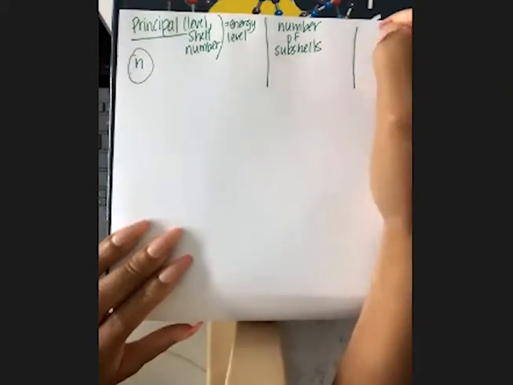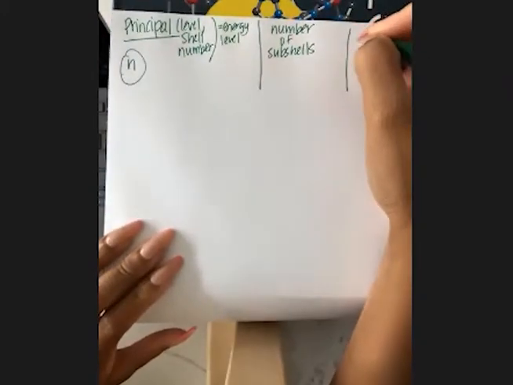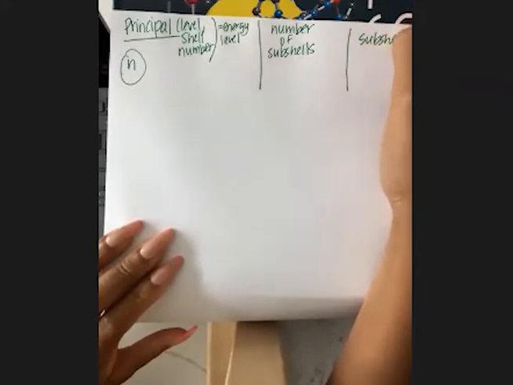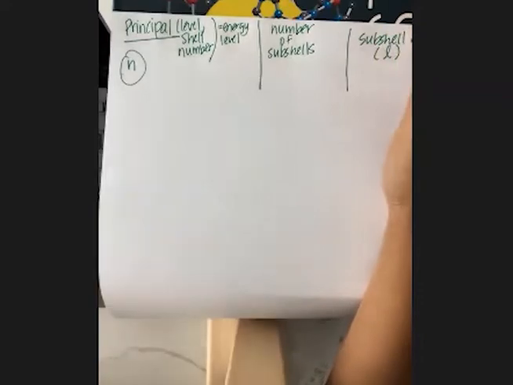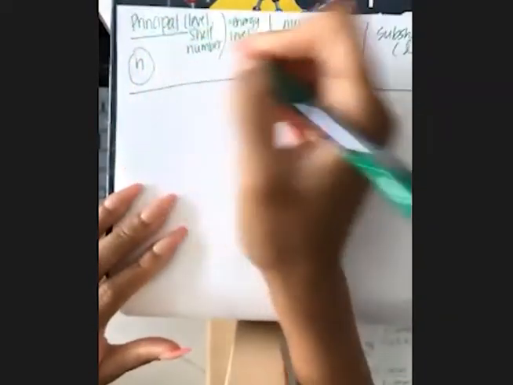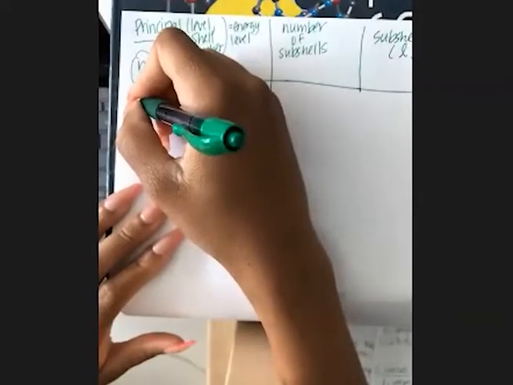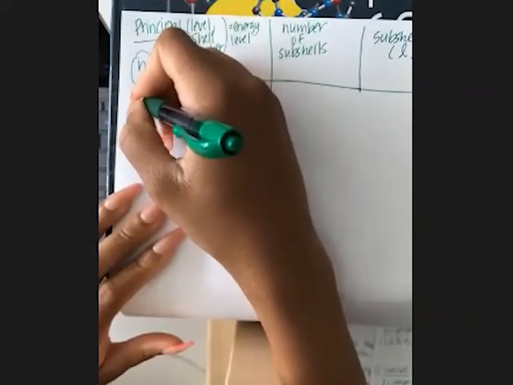I'll make them two different columns: subshell letter, and this is L. All right, so a couple different things: when I draw a box, it represents an orbital.